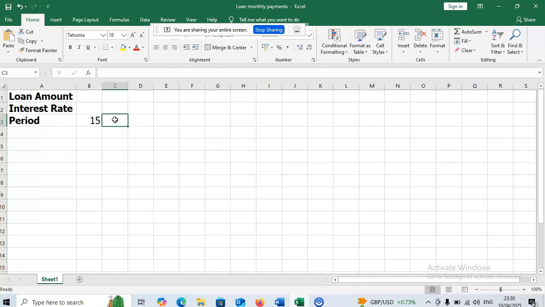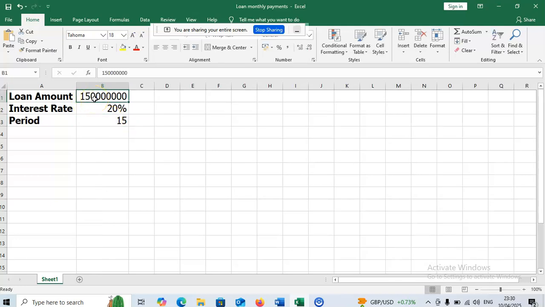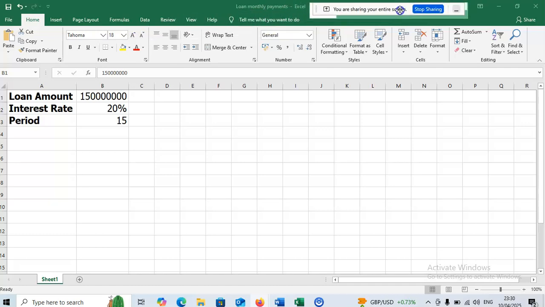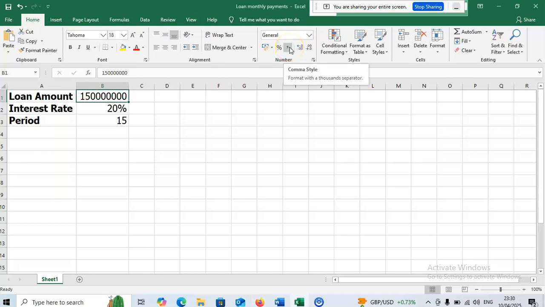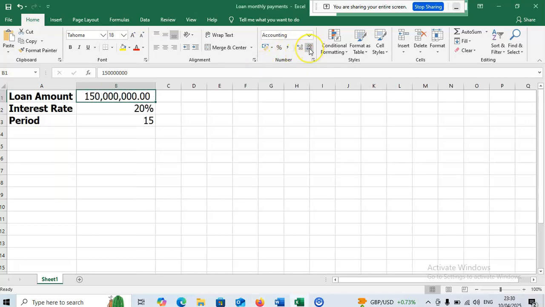The 15-year loan has an annual interest of 20%. Then the loan amount here is 150 million. We can put the commas by clicking the comma icon here, and we can remove the decimal digits. So this is our main information that we need.